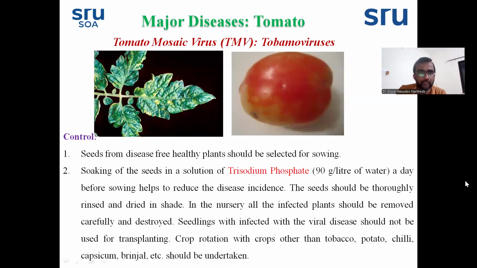Then next is tomato mosaic virus. It is a type of Tobamovirus. As far as the control measures, first and foremost you have to select disease-free seedlings or disease-free seeds, meaning the seeds which you have harvested from disease-free plants.